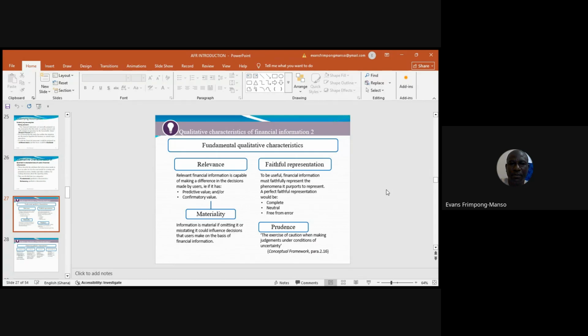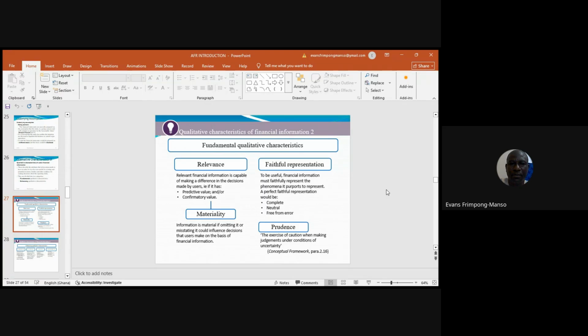When we say information is relevant, then that information is capable of making a difference in decisions made by the users. That information should enable users to predict what is going to happen in the future and to get feedback from the system.